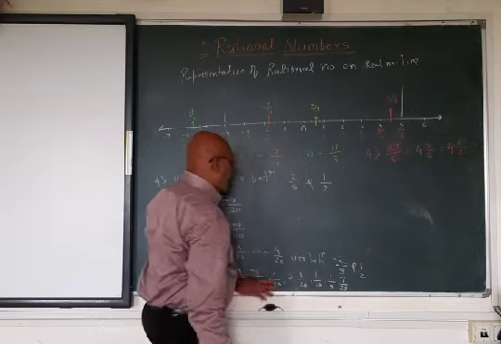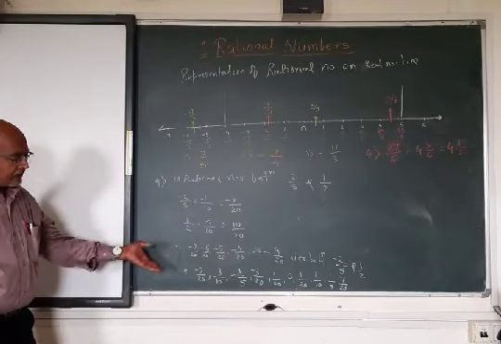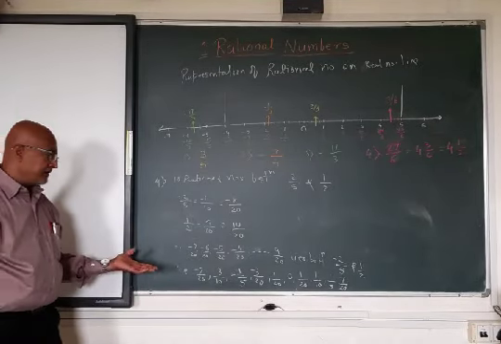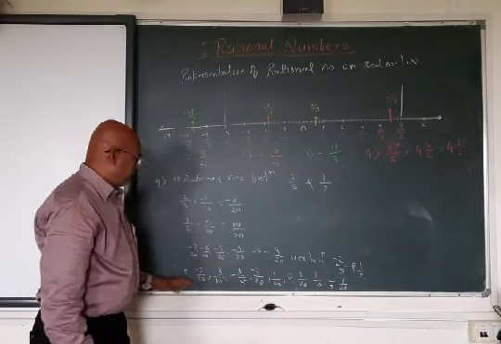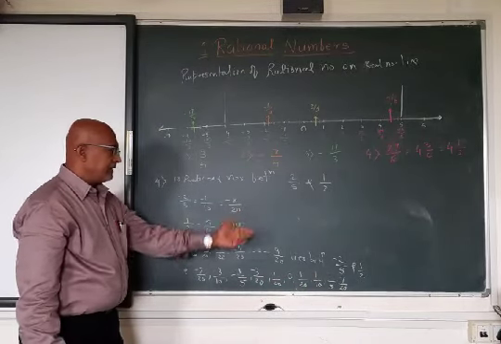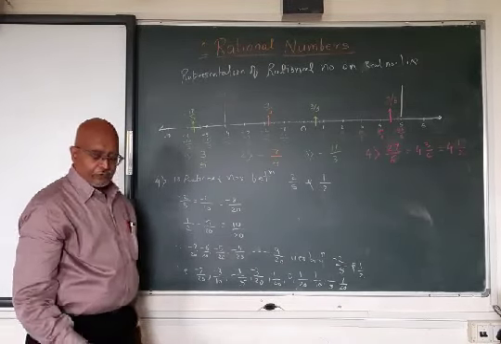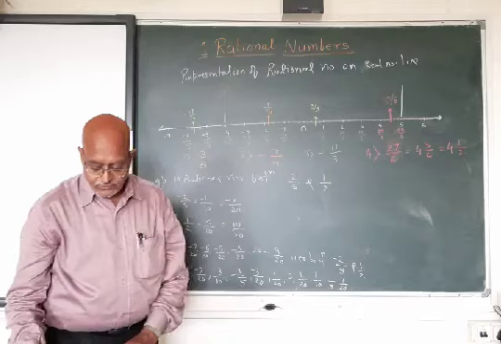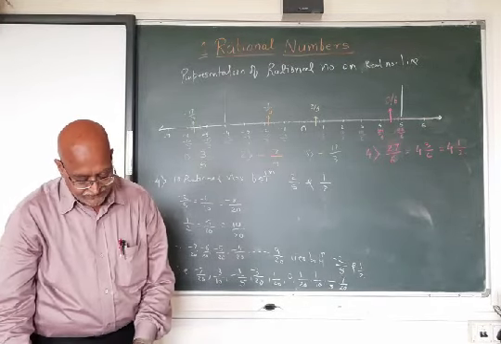So these all numbers will lie in between and you can write many more in this series. I have written only 10 here. So these will lie between minus 2 by 5 and 1 by 2. So this way you have to solve this exercise completely.